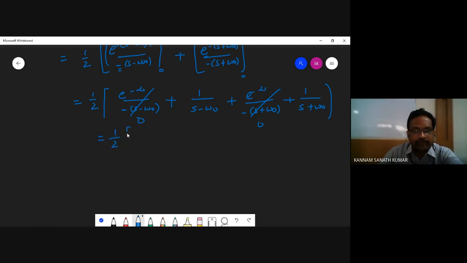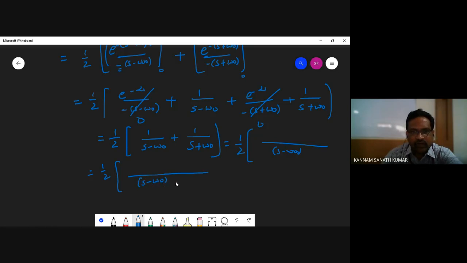So what you are getting is 1 by 2 into 1 by (s minus omega naught) plus 1 by (s plus omega naught). Cross multiply: the LCM is (s minus omega naught) into (s plus omega naught).